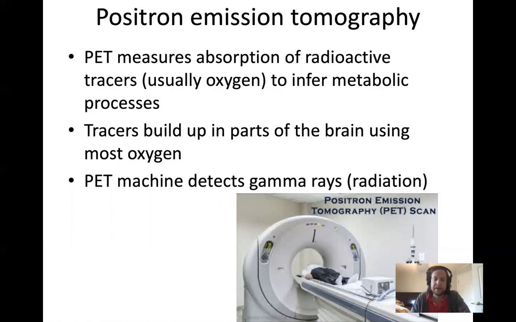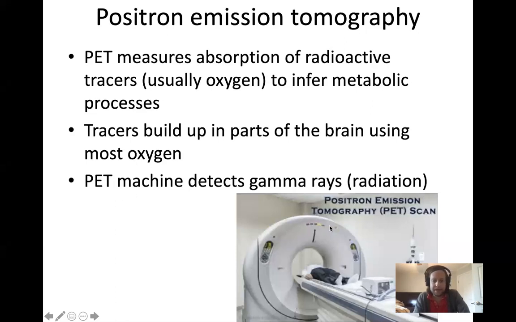What this means is that when that oxygen goes somewhere in the person's body, the radioactivity connected to the oxygen will start to accumulate in various parts of the body. The parts of the body that are using a lot of oxygen are going to have accumulation of the radioactive tracer, because the tracer is connected to the oxygen, and the radioactivity accumulates wherever most of the oxygen in your body is going.